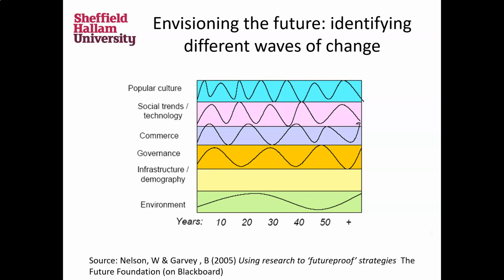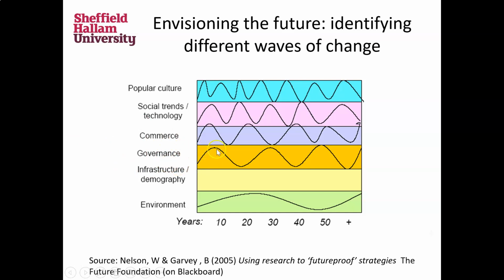The birth rate may go up or down, but we can look and see what impact that might have on the demand for schools and school places, or if different sports activities are popular at different age groups. We're able to spot a number of years in advance what the demographic change is going to be, what the population change is going to be, and we're able to plan for that.